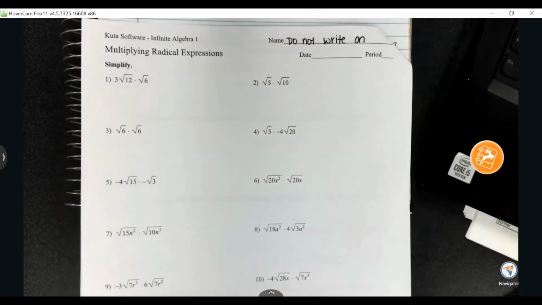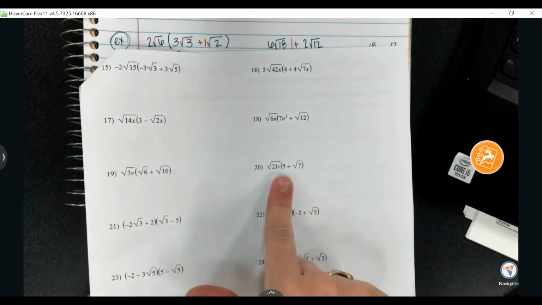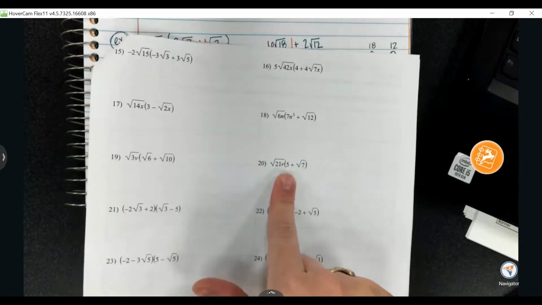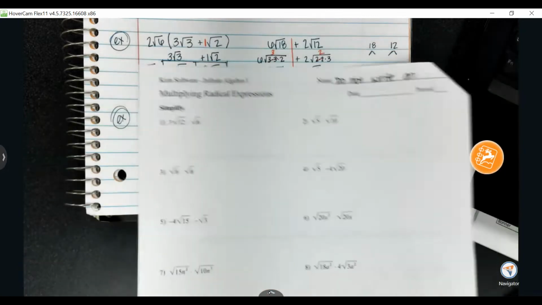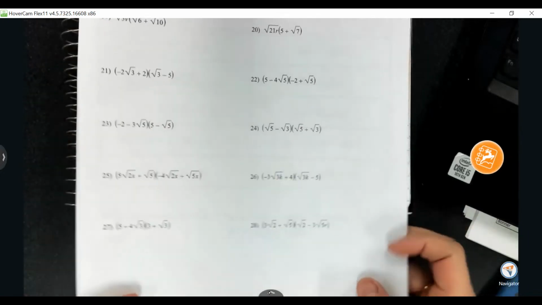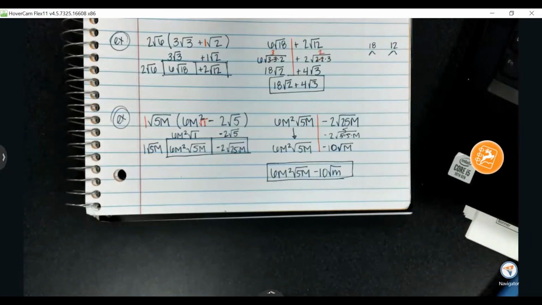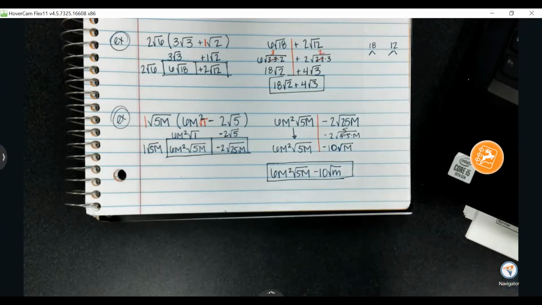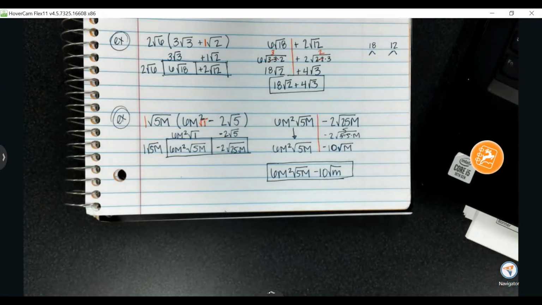However, today I taught you how to do numbers 1 through 20. That's what you've been taught how to do today, 1 through 20. So that's what I need you to work on today. And then tomorrow we will work on the ones that have a lot more terms in it. Okay? Are there questions? Make sure you get up and check your answers. They are on the front desk and I'll walk around and answer questions.